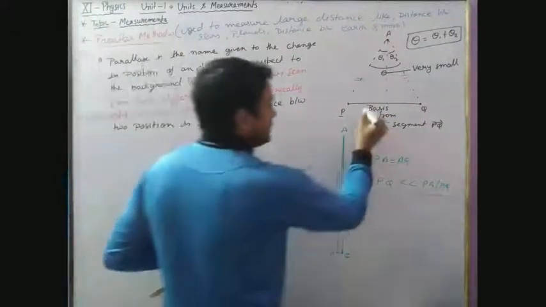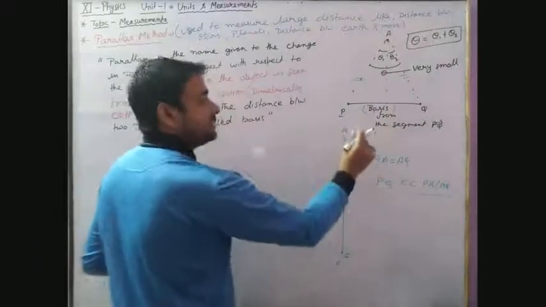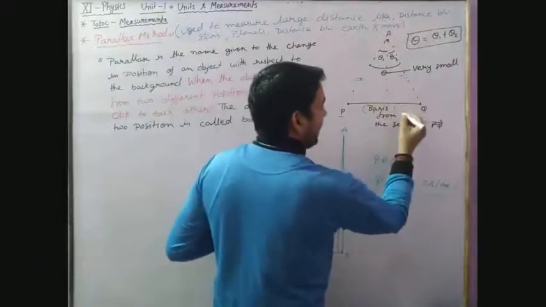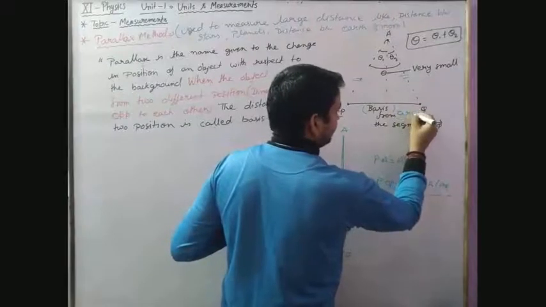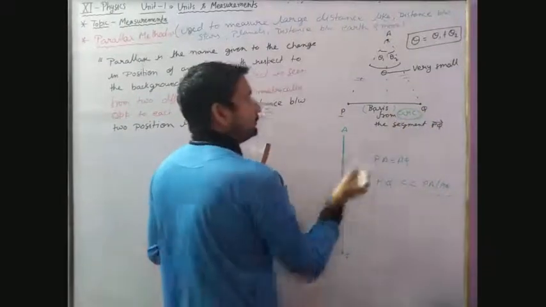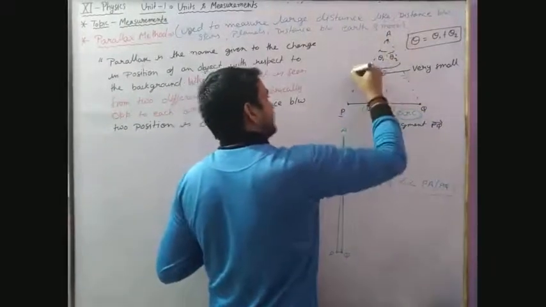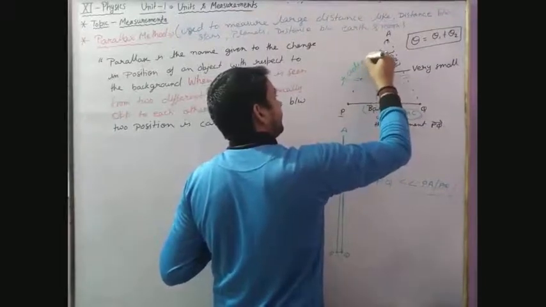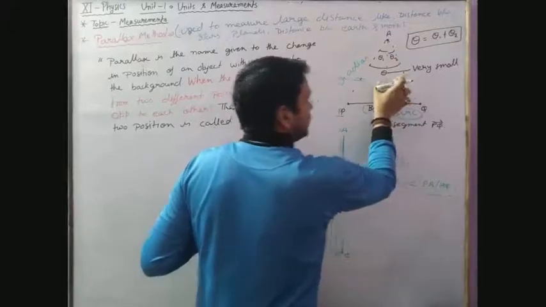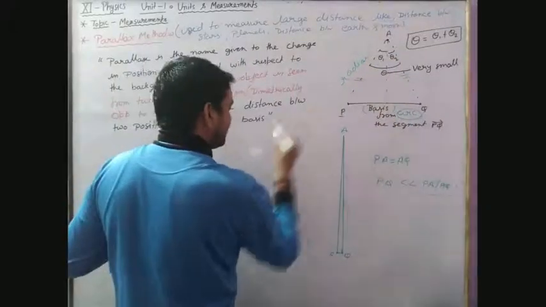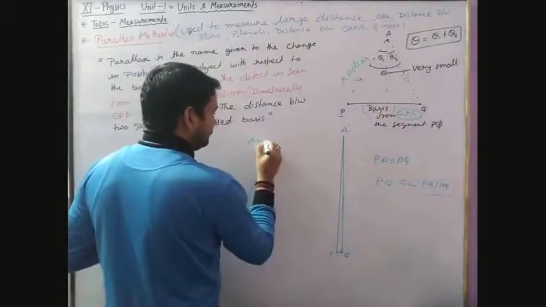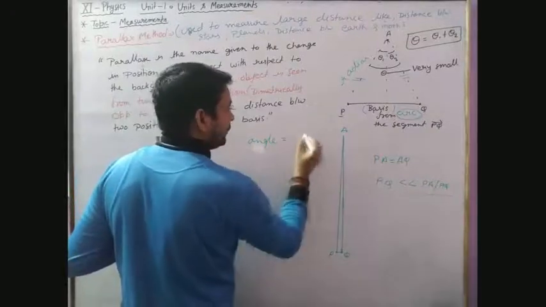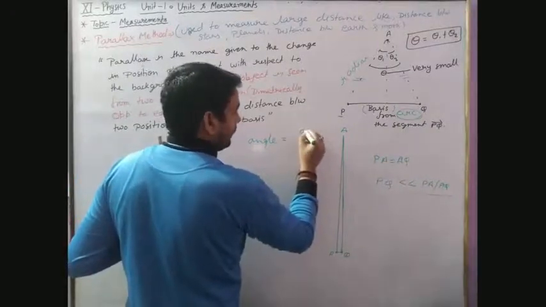Okay, so this is actually the basis. This basis is measured as an arc, and this is the radius. So we can use here the concept of angle is equal to arc upon radius.